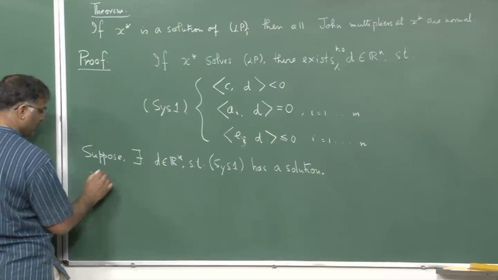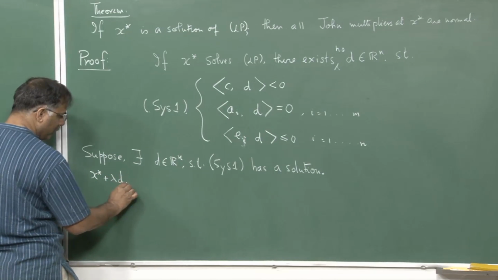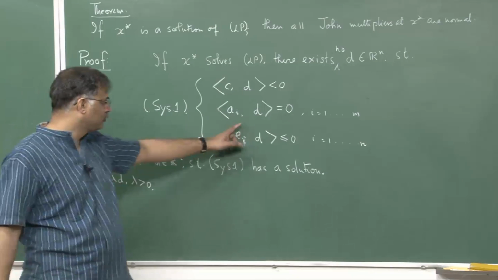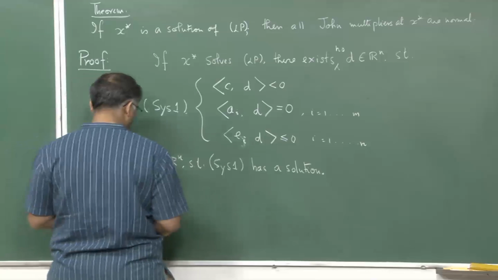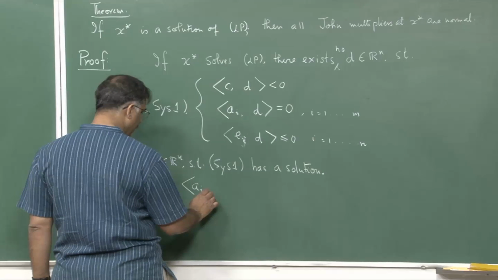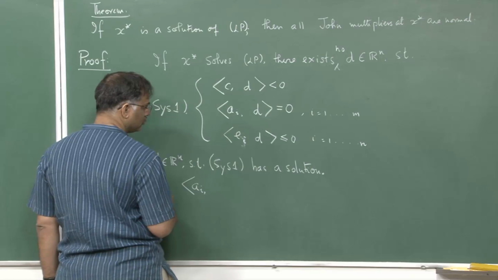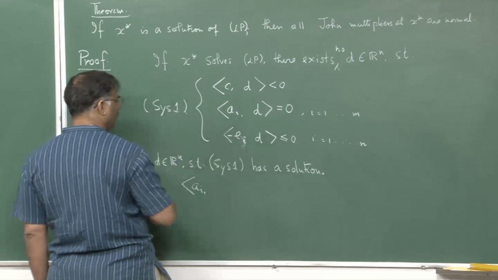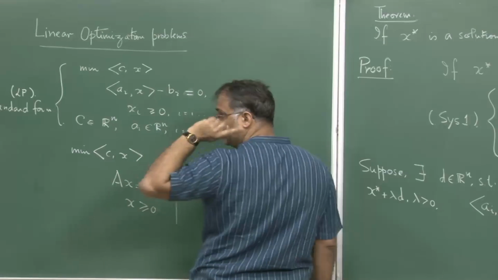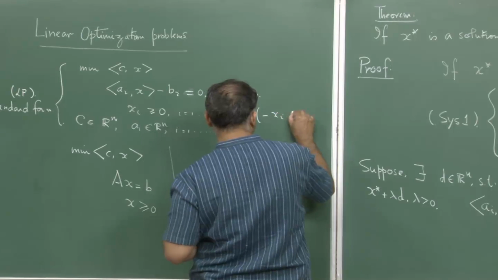So, you have this d, construct x star plus lambda d with lambda strictly greater than 0. Then what does this give you? Sorry, this should be minus here, I made a mistake, because here it would be minus x_i less than or equal to 0, because we have learnt that when you write this one, you can also write it alternatively as minus x_i less than or equal to 0.